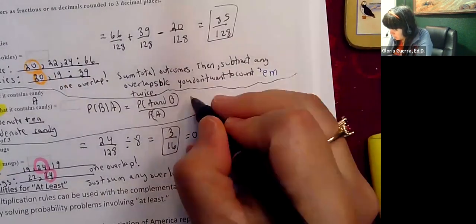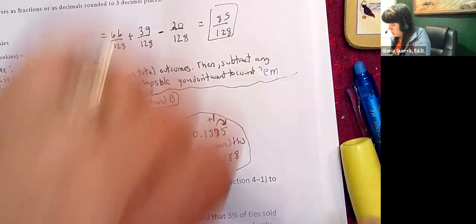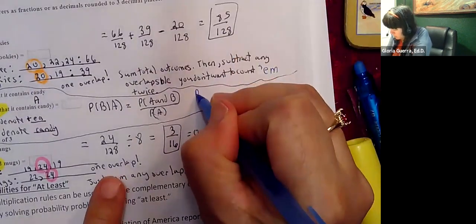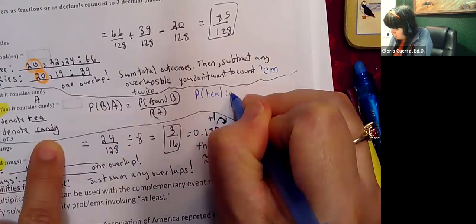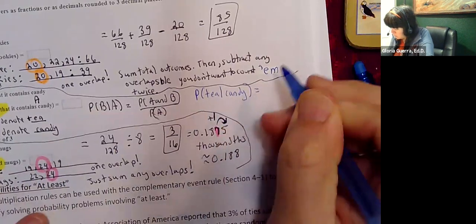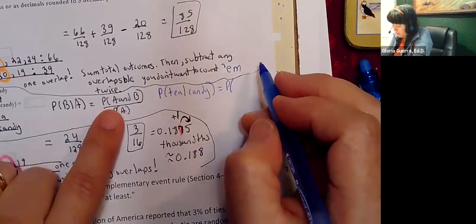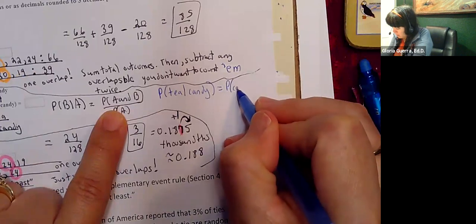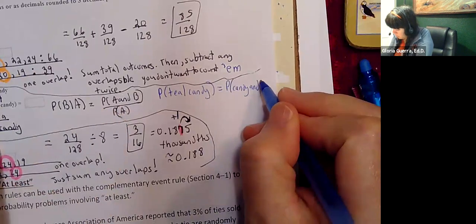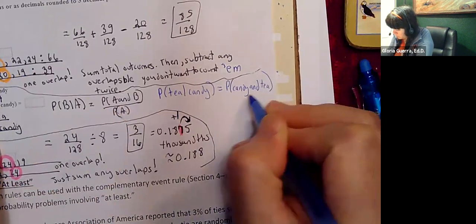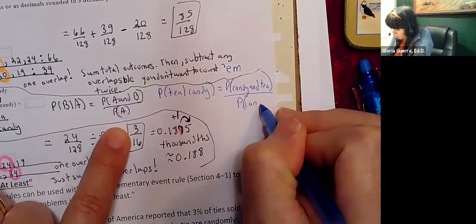So I can change my ink, I guess, that would help. So probability of B, which is T, given A, which is candy, is equal to probability of A, which is candy, and B, which is T, all over probability of A, which is candy.